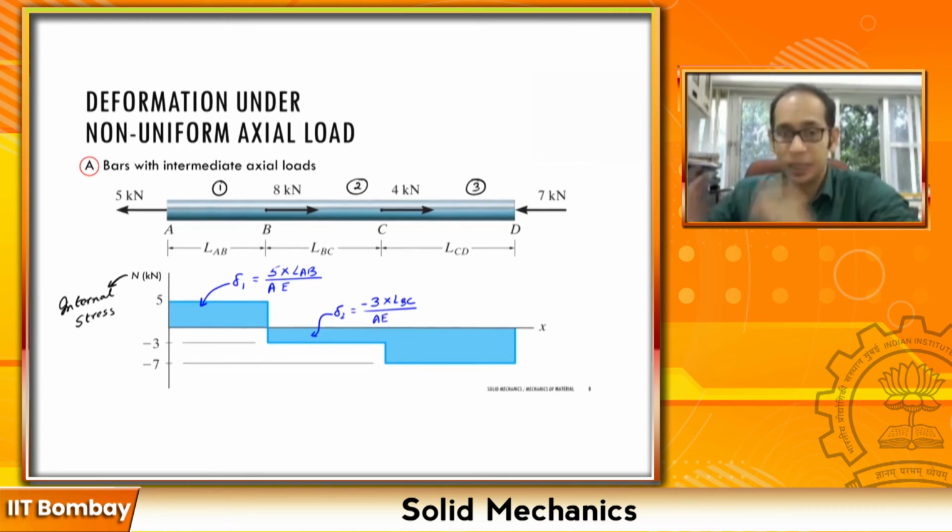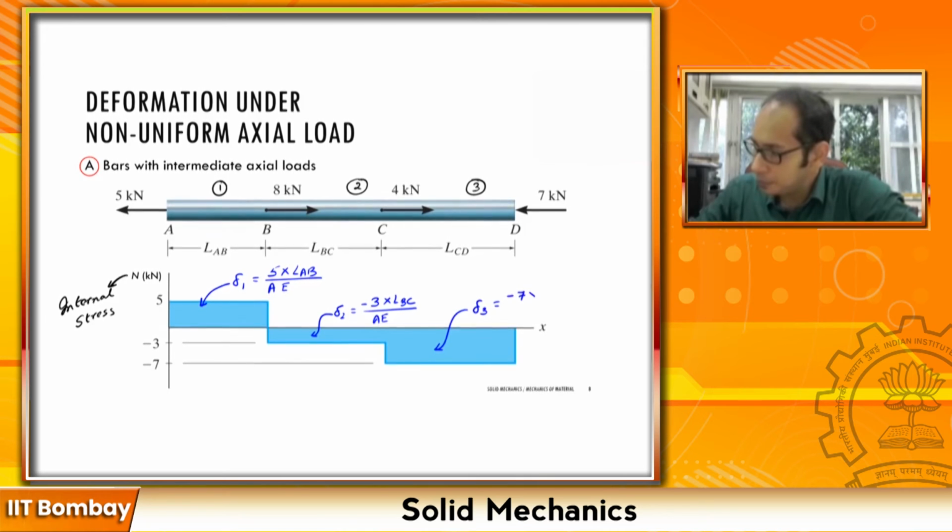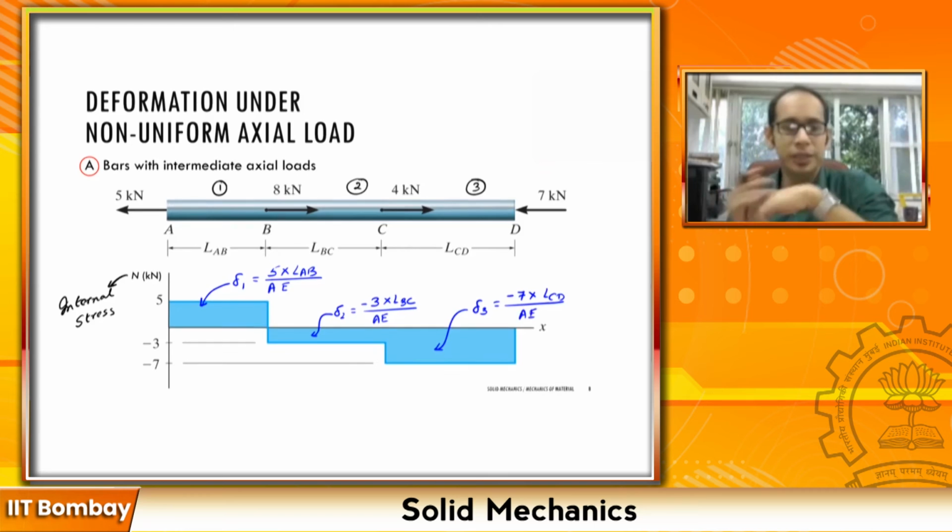The negative indicates you are going to have a compression in the BC. And lastly, for this one, my delta 3 is going to be minus 7 times the length of the member CD divided by A times E, right? So we have these individual deformations.